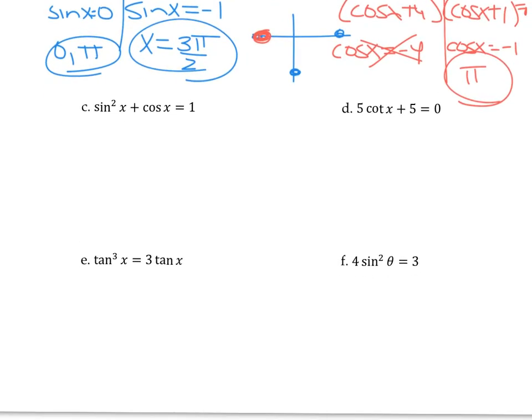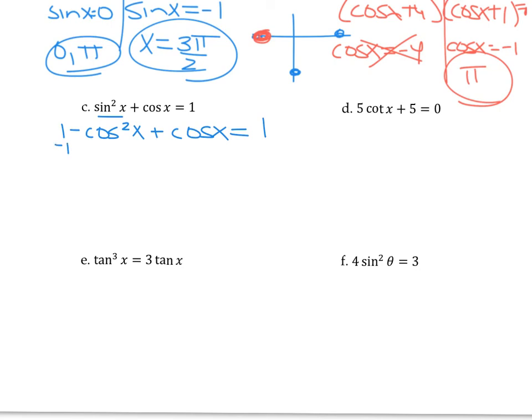If we keep going, sine squared plus cosine equals 1. Because you have two different trig functions, I encourage you to turn one of them. So since sine squared is a trig identity, I can do 1 minus cosine squared plus cosine equals 1.